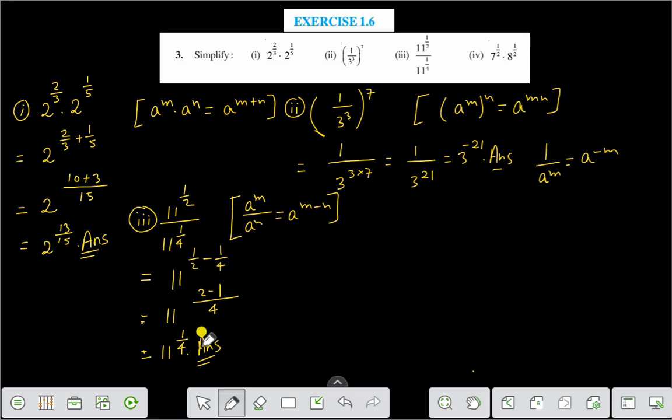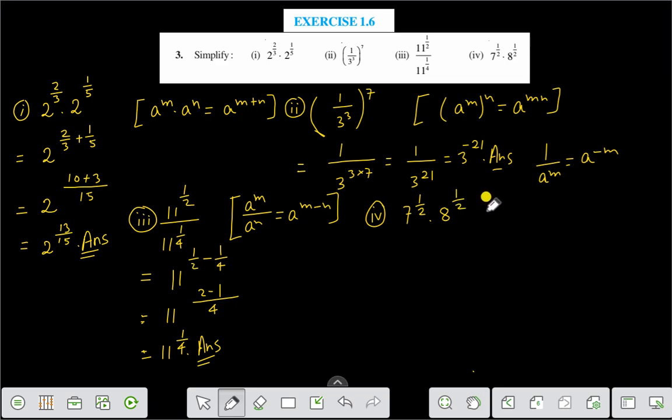Now we solve question number 4. Question number 4 is 7 to the power 1 by 2 into 8 to the power 1 by 2. Both the powers are the same.